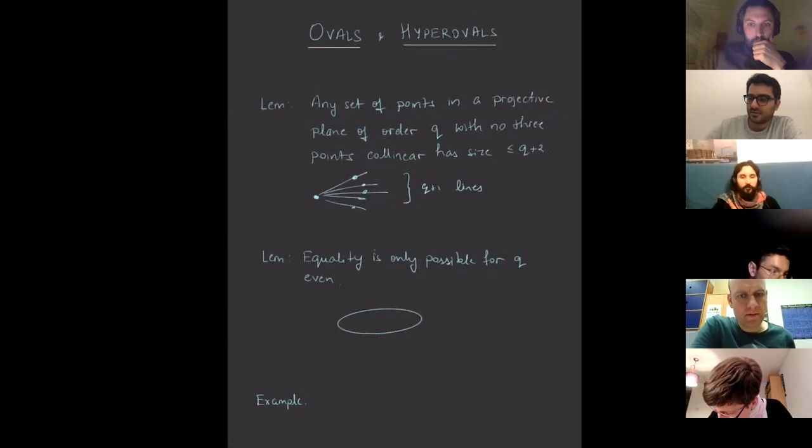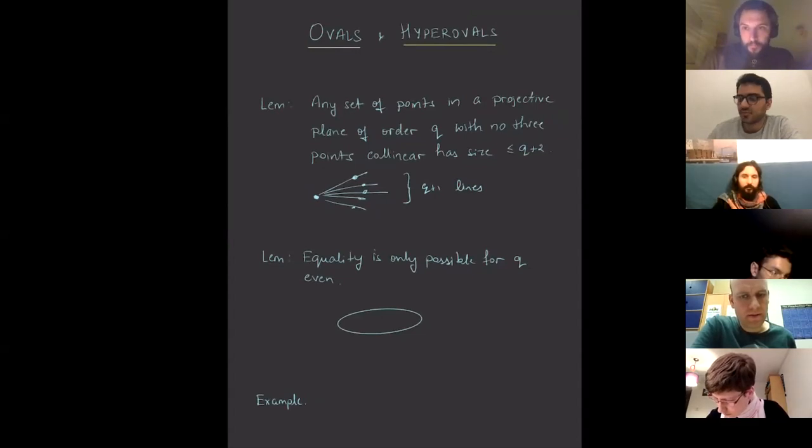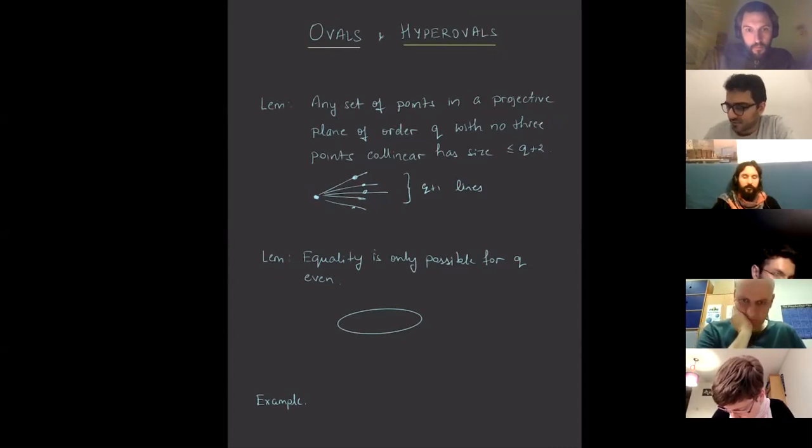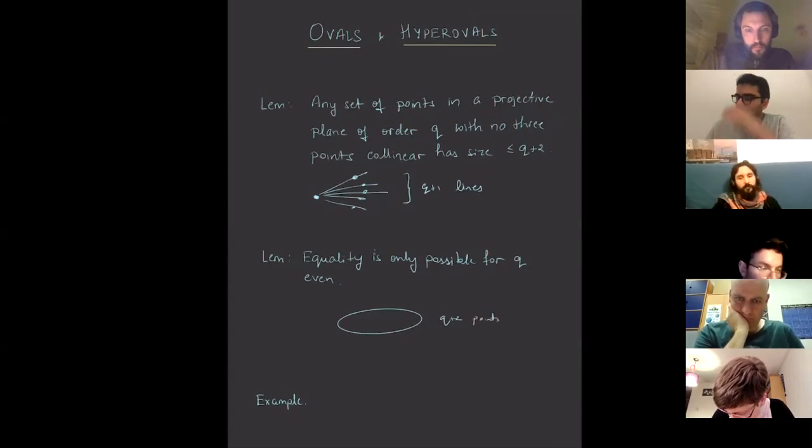Say q is odd, and you have such a set of q plus 2 points, and you take a point outside.